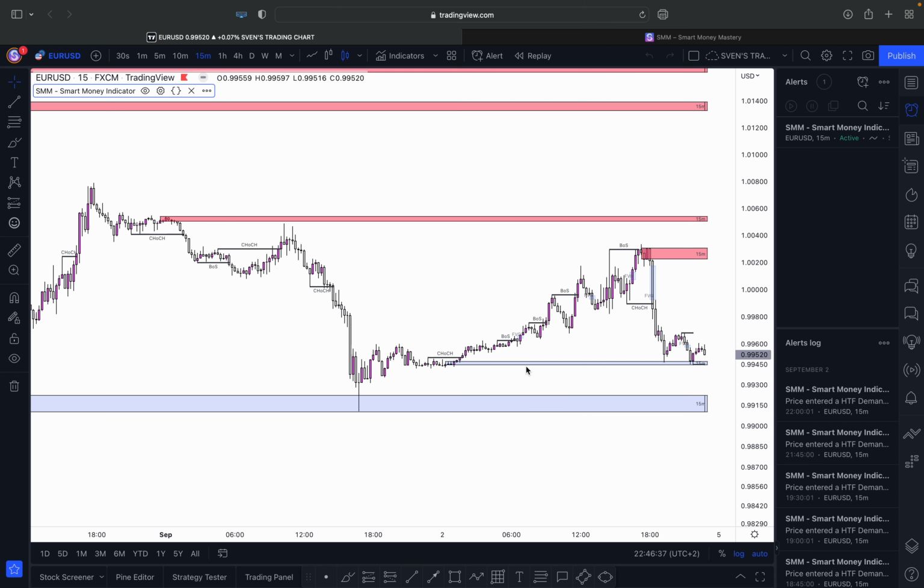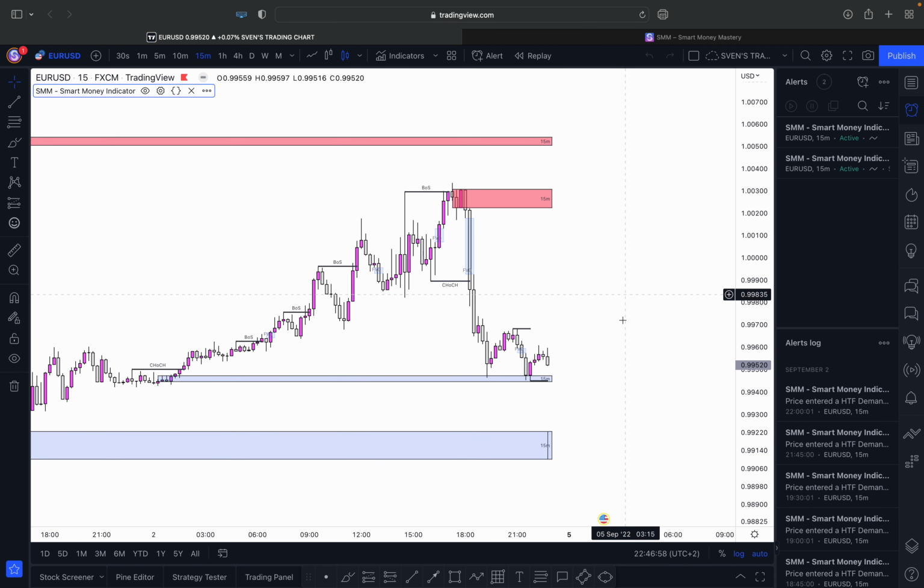Click on continue anyway, and it should pop up over here any second. I think because I already have it here, it doesn't show me another one. There it is. And then you'll receive a notification on your phone or in your email or however you've set it up on your desktop that price enters your demand zone over here or the supply zone over here.